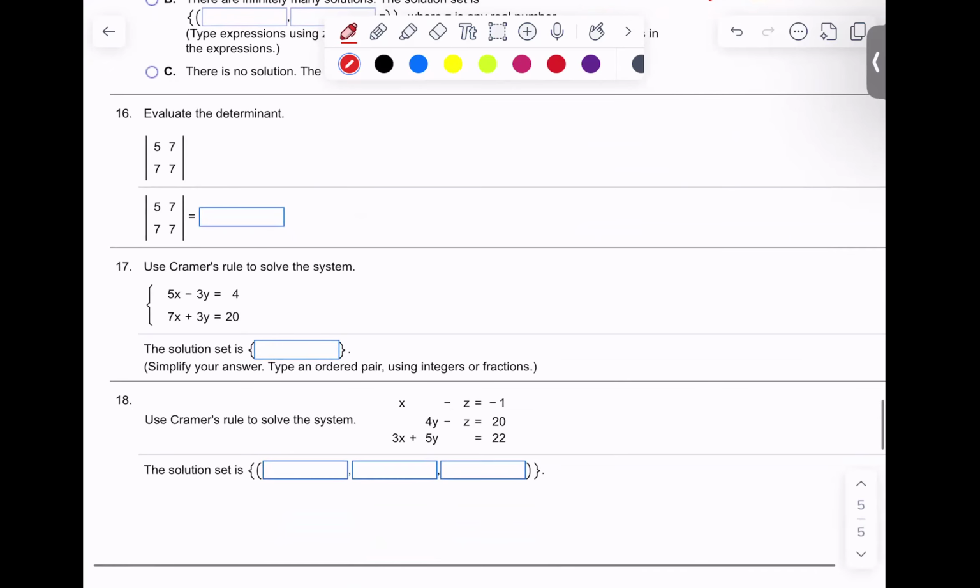All right, finding determinants. To find a 2 by 2 determinant, you're going to use the formula that we give you. You could use your calculator. I don't know that it's necessary.